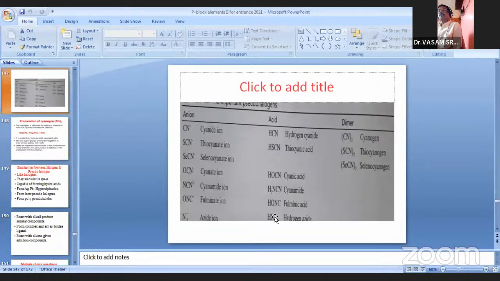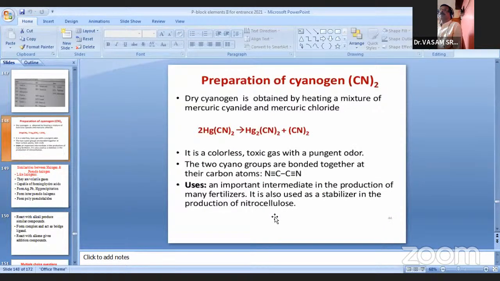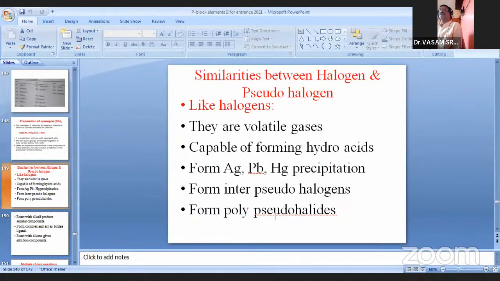And these are all the examples of pseudo halogens. Other examples and properties of one of the pseudo halogens, cyanogen. And these are the important similar properties between halogens and pseudo halogens. Like halogens, the pseudo halogens are volatile gases.